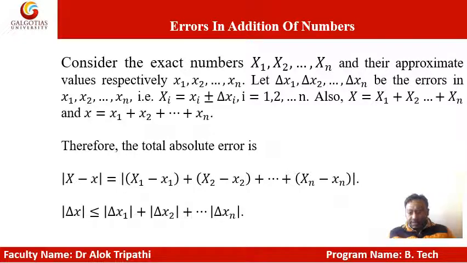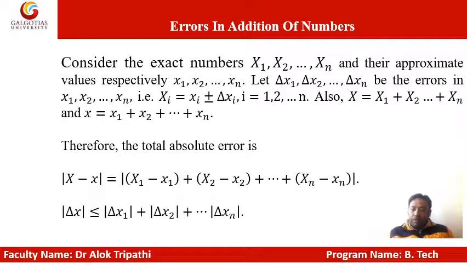As you can see, we have taken one number as 8.36, and when we have rounded off this number to one decimal place, we have got 8.4. So error is the difference of approximate value and exact value. So when we subtract 8.36 from 8.4, we will get a positive value.